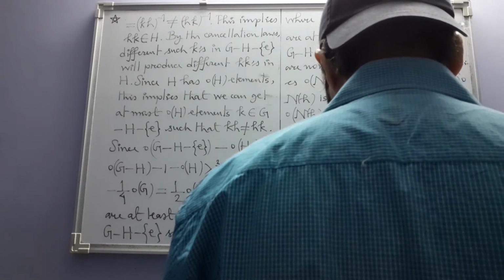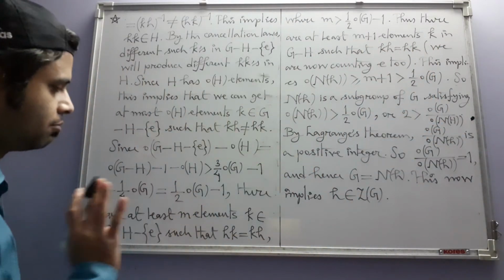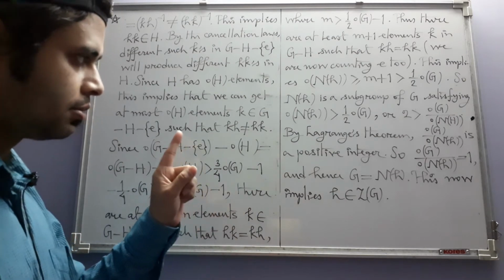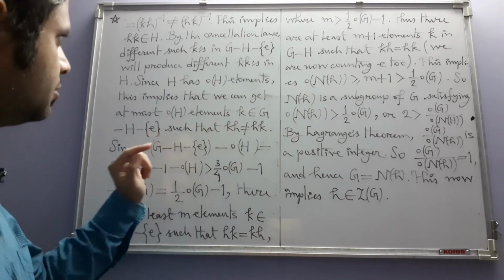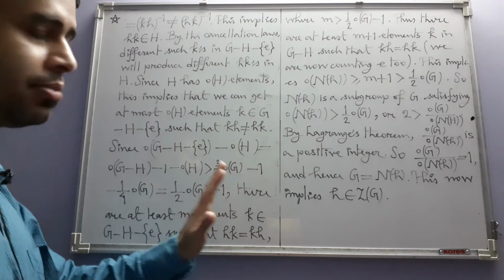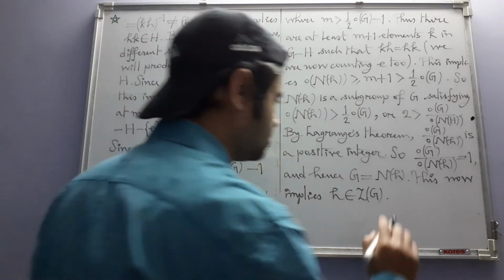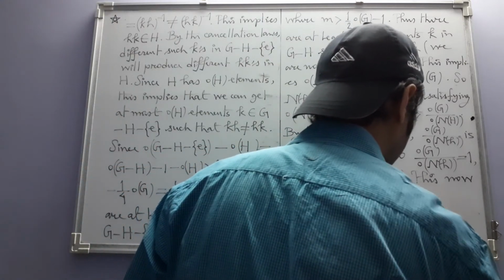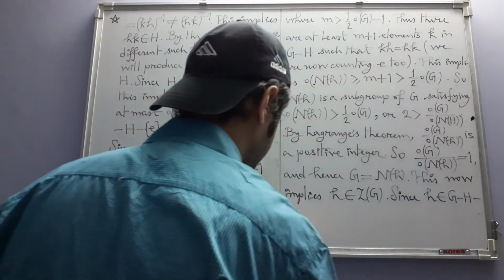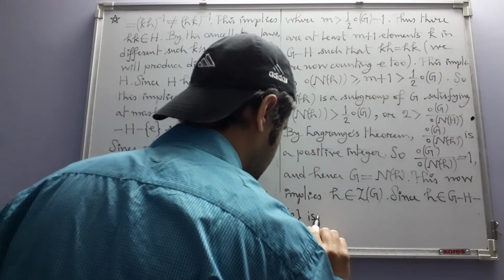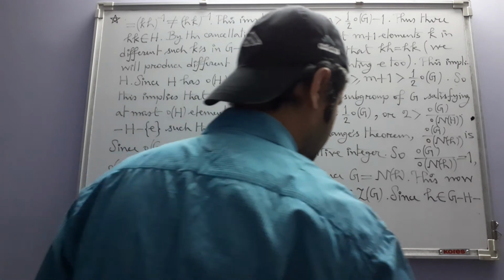Okay, so what do we have now? Note that although we chose h in the beginning from G minus H minus E, and we then kept it fixed and we then worked with K, this h was arbitrarily chosen, since h belonging to G minus H minus E is arbitrary.